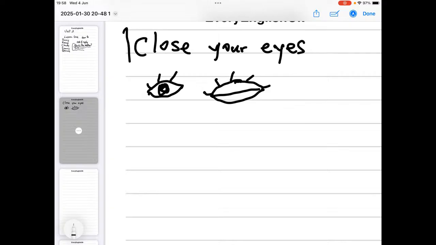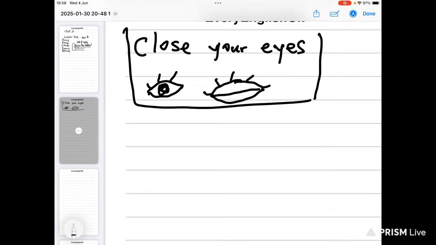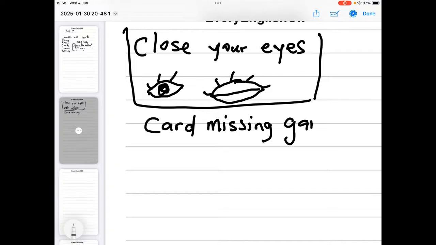Once they see this flashcard, they already know the game we want to do is the card missing game. So once they close their eyes, I tell them we're going to do card missing game. Now once they close their eyes, I remove one card. Then I tell them to open them. I tell them what card is missing.